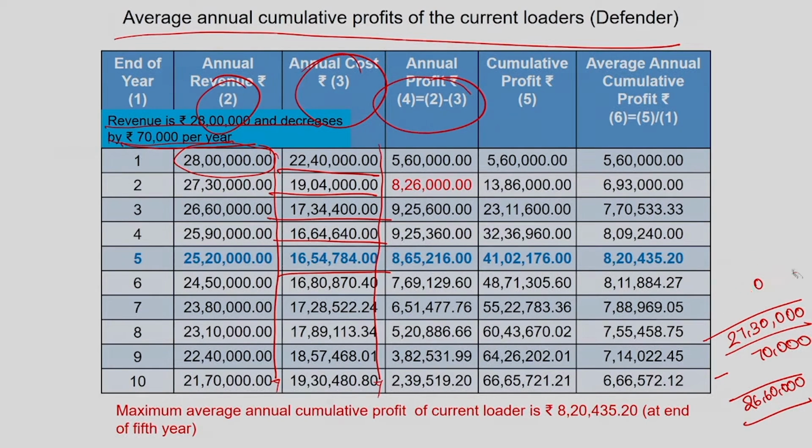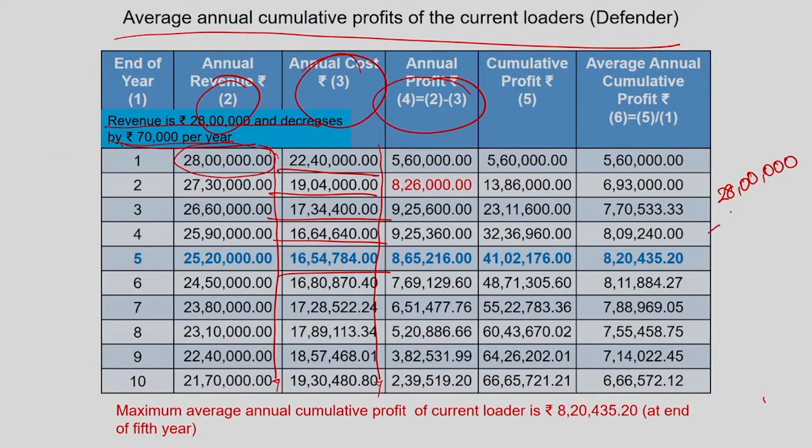So, how are you going to do it for the first year? The annual revenue for the first year is 28 lakh minus your annual cost for the first year is 22 lakh 40,000. So, this gives me the annual profit for the first year as 5 lakh 60,000. Now, calculate the annual profit for the second year. The revenue for the second year is 27 lakh 30,000.